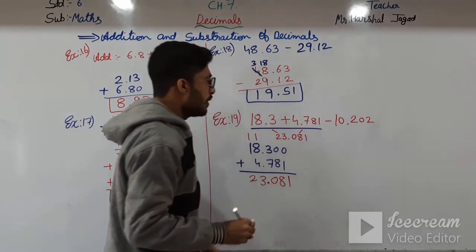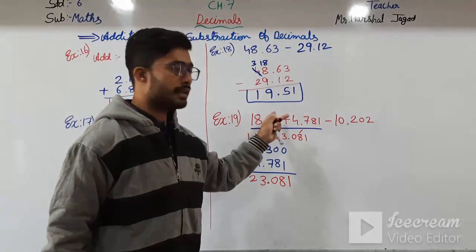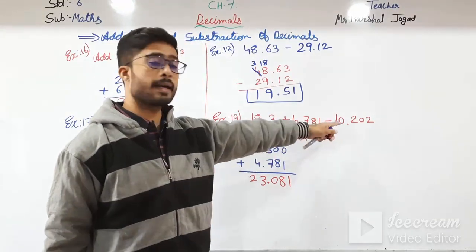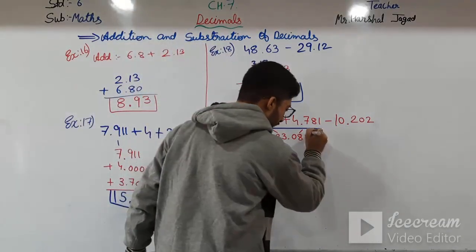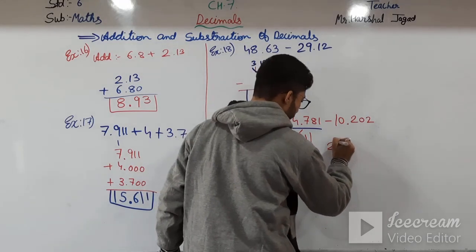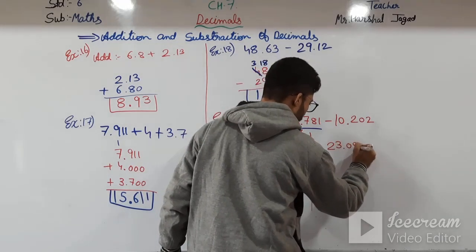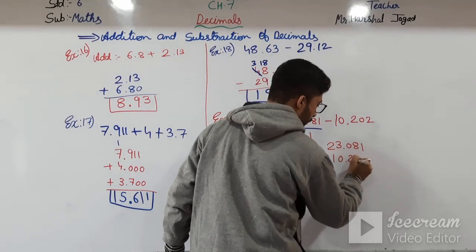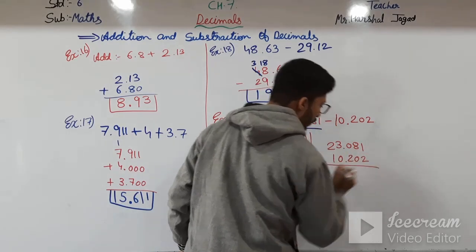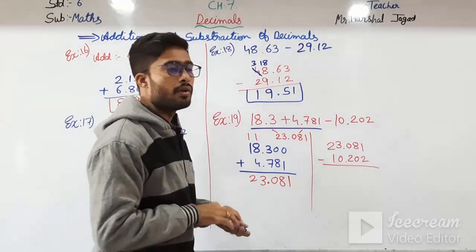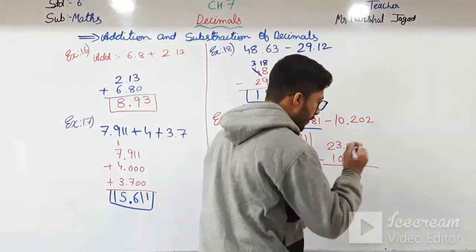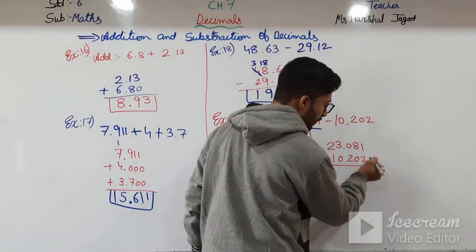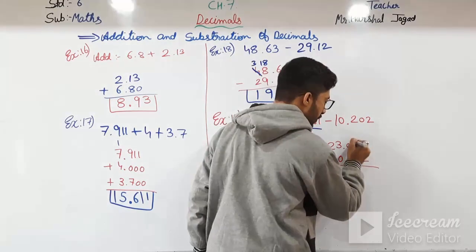The addition of these both that we get is 23.081. Now the answer that we get from the addition, we have to subtract from this. So doing that, 23.081 minus 10.202. Now we have to subtract this. Here 1 minus 2 will not happen, so we will borrow.